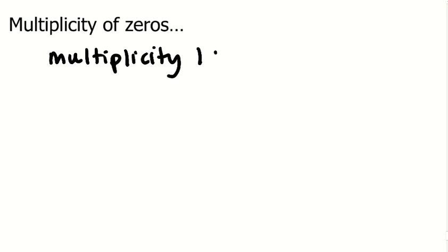So in conclusion on multiplicity of zeros, what I'll say is if the multiplicity is 1, then the graph is going to kind of pass through confidently.